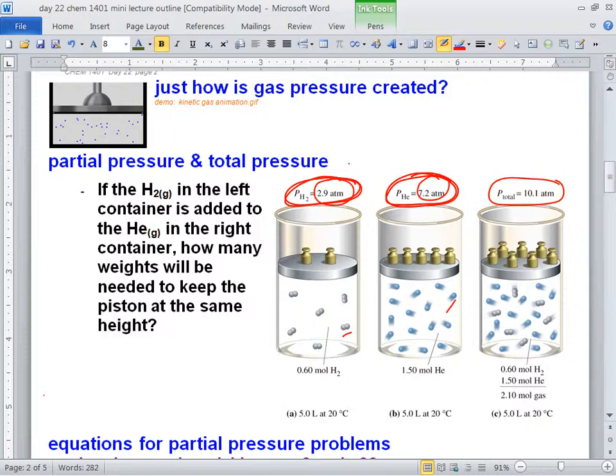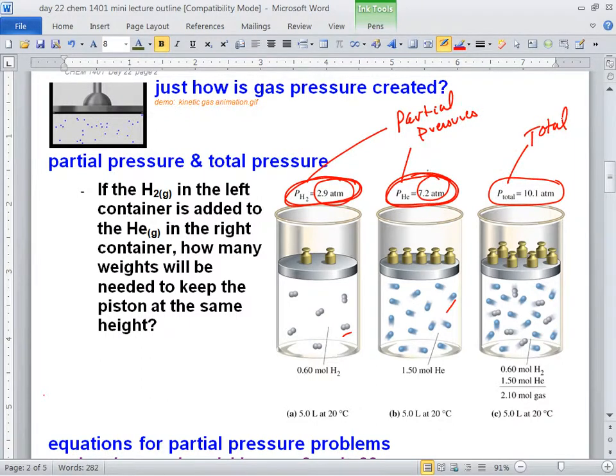No, all the gauges are going to read total pressure. But of the total pressure, 7.2 atmospheres of it is due to the helium molecules, and 2.9 atmospheres of that total pressure is due to the hydrogen molecules. So these are the partial pressures ideas. Partial pressures. And this one would be the total.